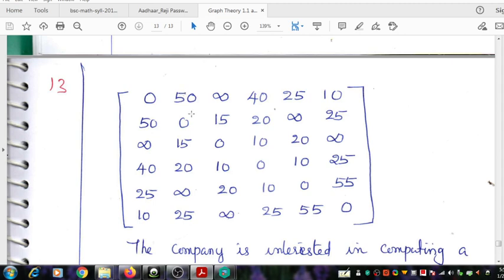And if there is no flight connection between two cities, here from C1 to C3 there is no air connection at all, so the travel cost is considered infinity. This is the way we fill up that matrix.